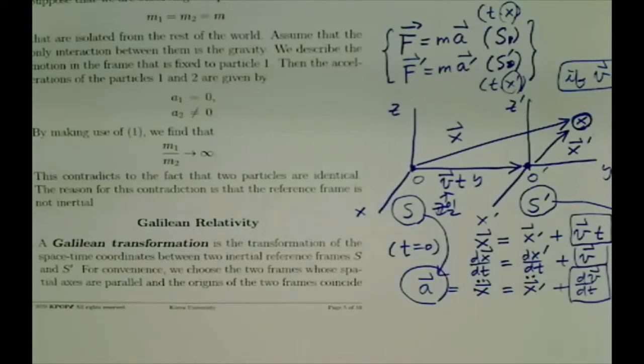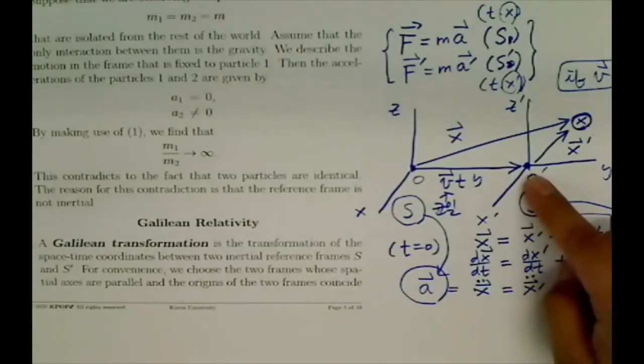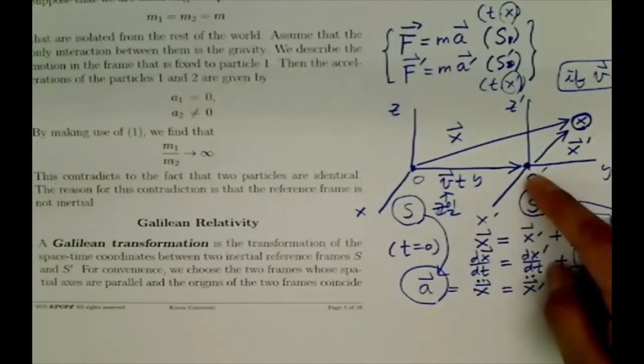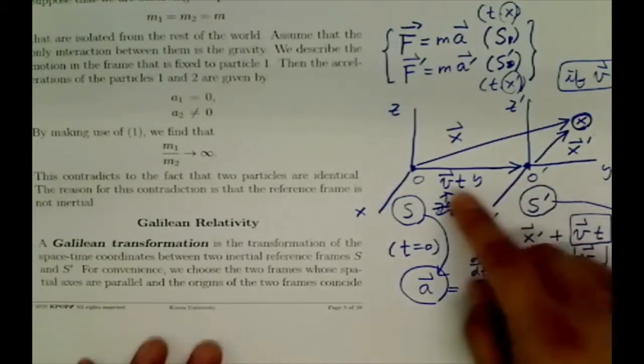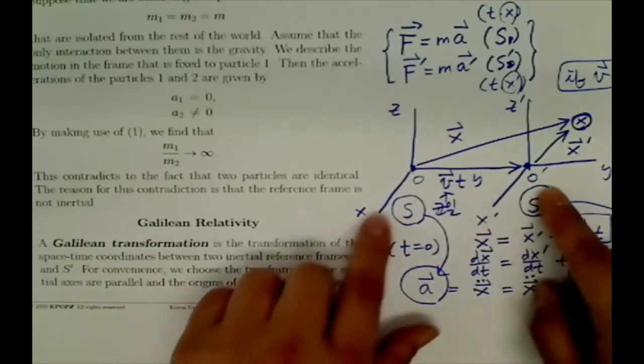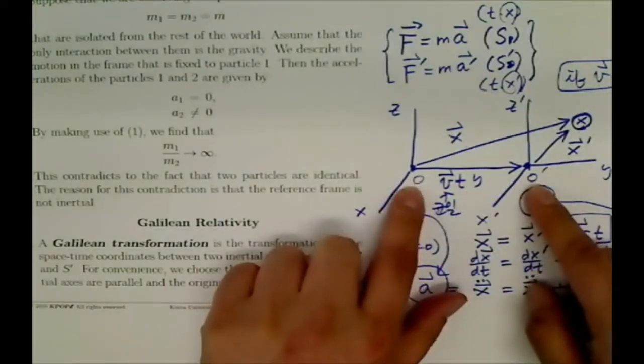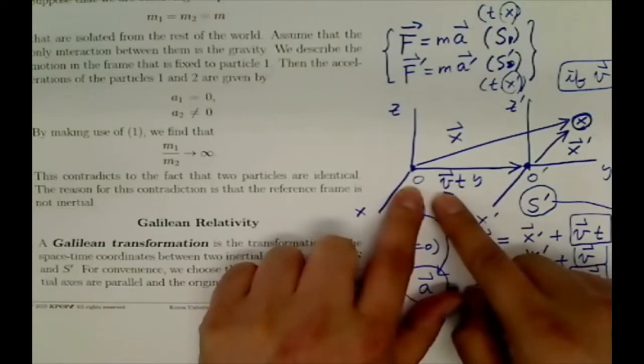Suppose that we have a frame S that satisfies Newton's second law. And another frame S prime, I don't know whether it satisfies Newton's second law or not, but what I know is the relative velocity of these two origins is fixed.